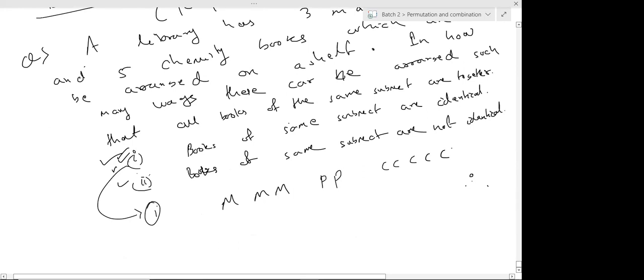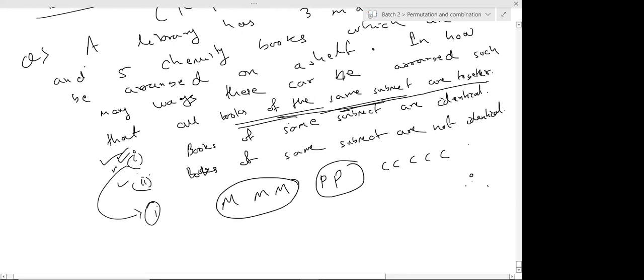The question says they are to be arranged in such a way that all the books of the same subject are together. Whenever you see questions like this, that some things are together, you use this method. This method is called bundle method.